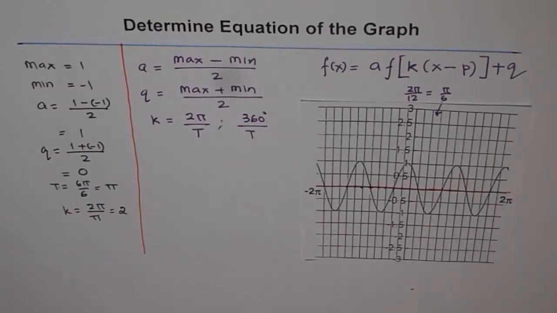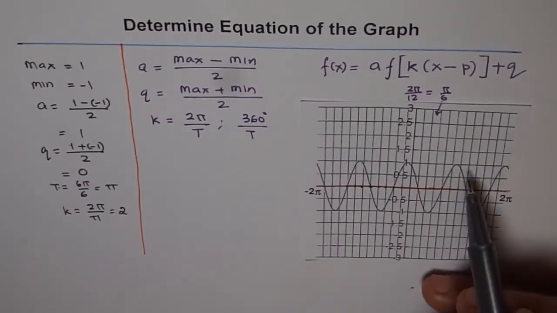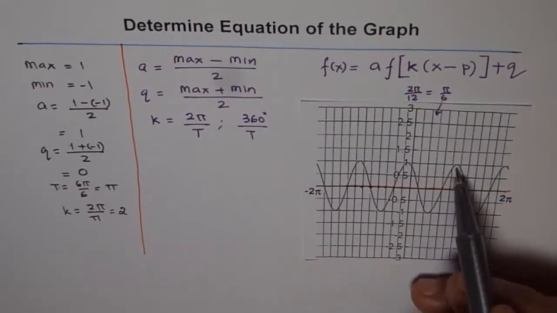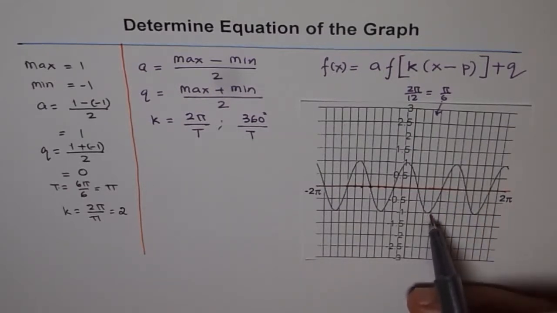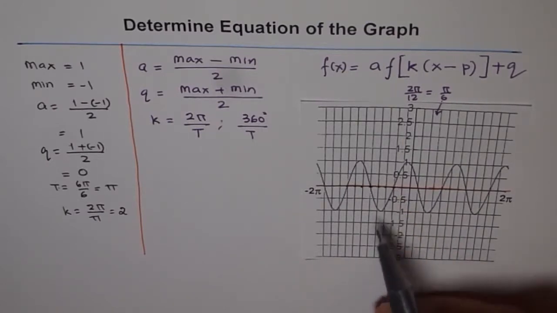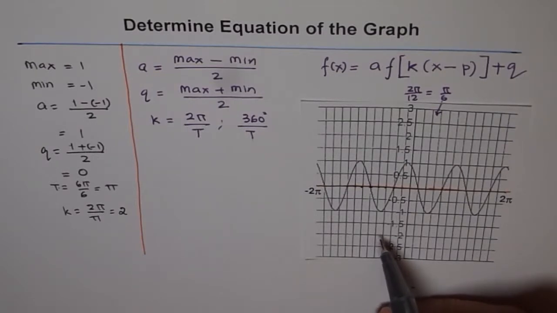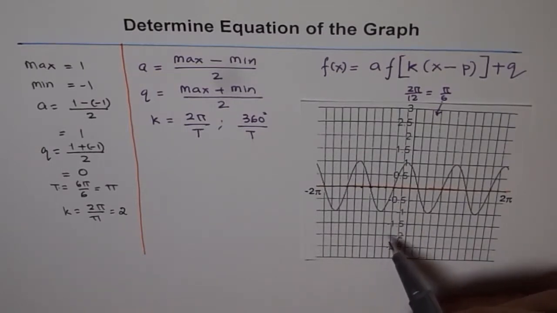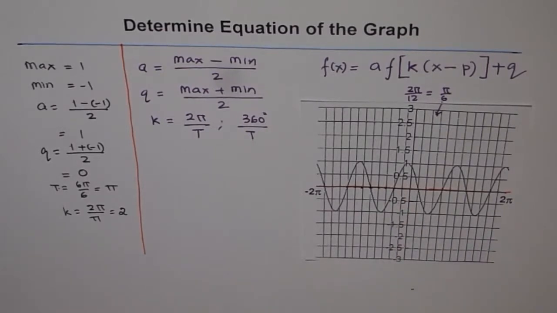Now the critical point for us is to find the phase shift, which is the value of p. In this particular graph, we notice that the maximum and minimum values are not at a good point for us. They are at mid values. But the starting point of a wave is well defined. So a sine wave is a much better option to go for, if not specified, right?